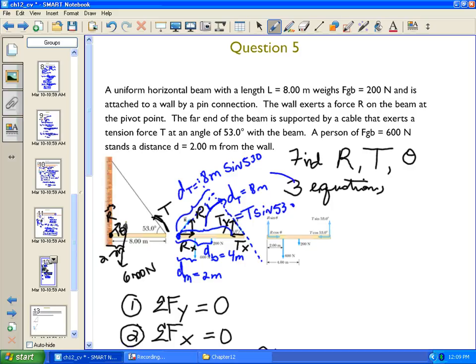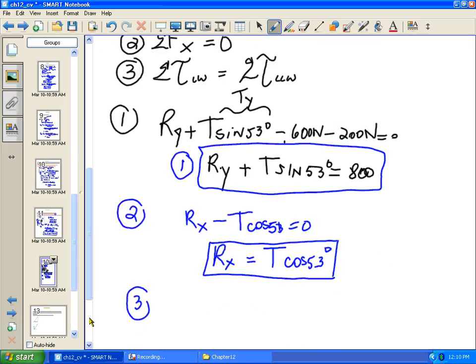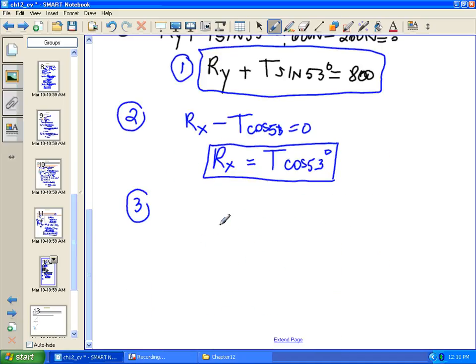So whether we choose to take the torque as T sine 53 times d, which is 8 meters, or we take the full T times sine of 53 degrees times 8 meters, notice that we get the same expression for torque. So it really doesn't matter what we choose to do here. It's just a different way to express the very same thing.